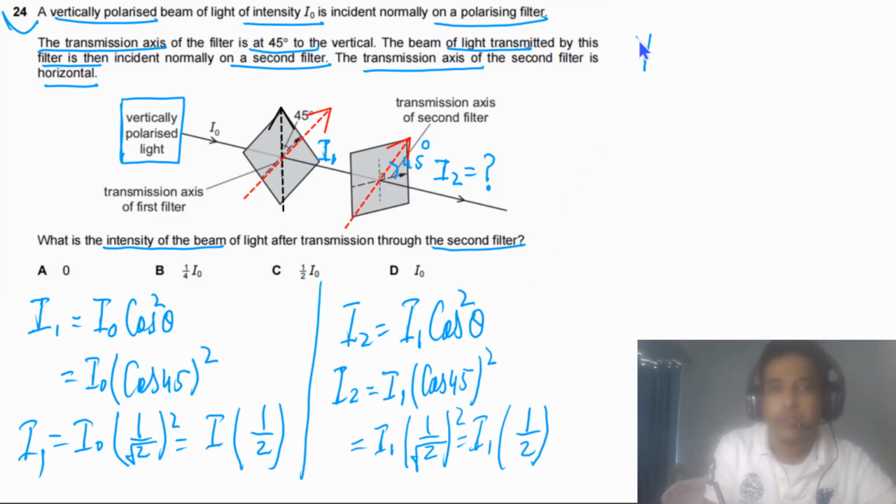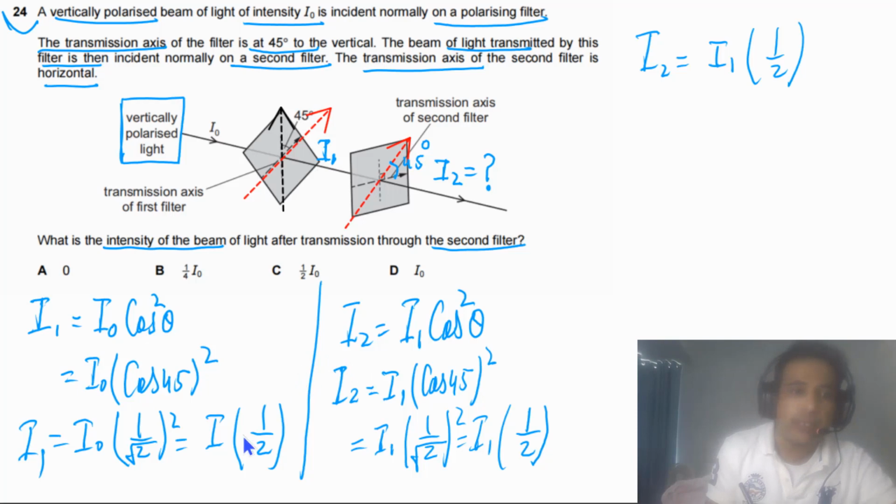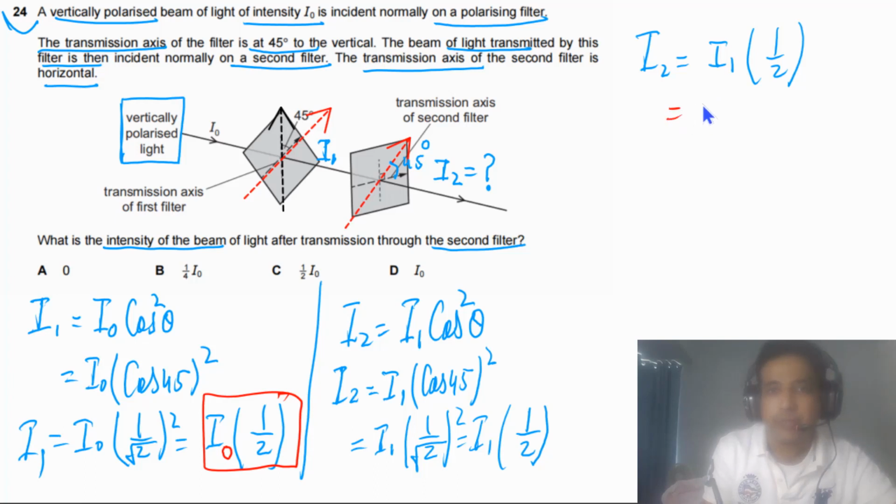So I2 is equal to I1 times 1 by 2. But the value of I1 we have here, so we can replace I1 with I0 times 1 by 2, and this is multiplied by 1 by 2.